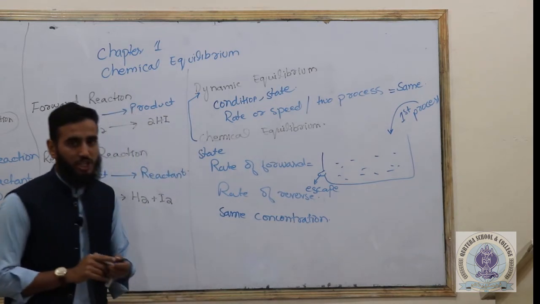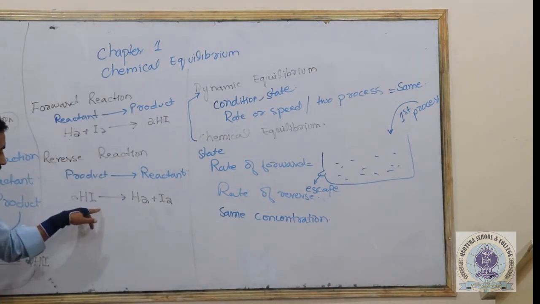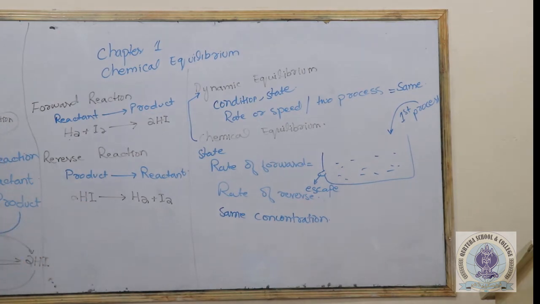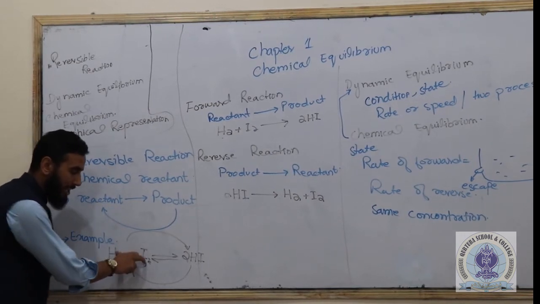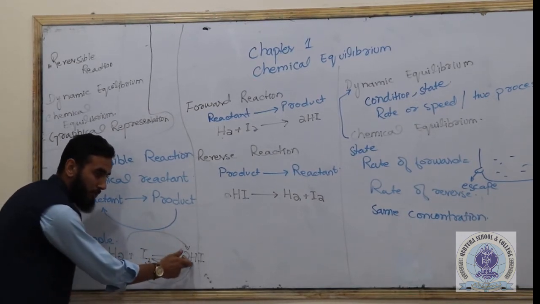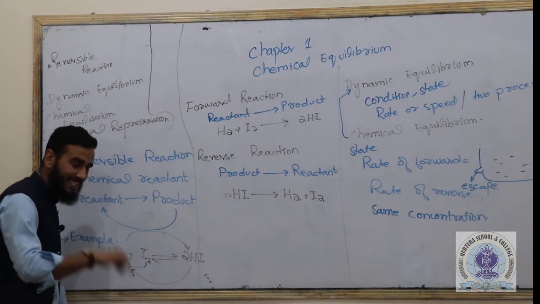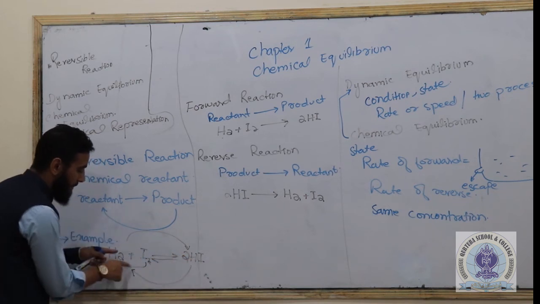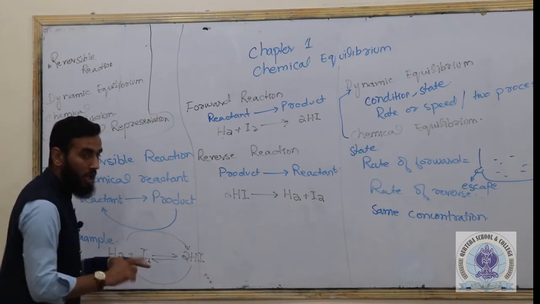By same concentration, we mean, let's focus on this example, at equilibrium an equal amount of hydrogen gas and I2 gas will be reacting with each other and forming 2 moles of hydrogen iodide. At the same instant, 2 moles of hydrogen iodide will be reacting back and forming the same amount of H2 and I2 gases.